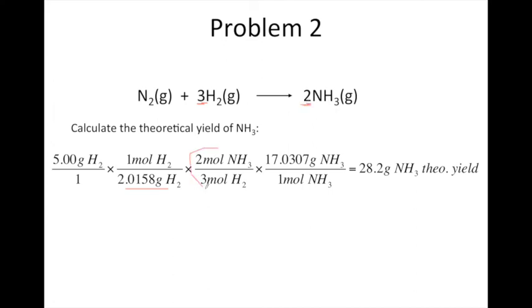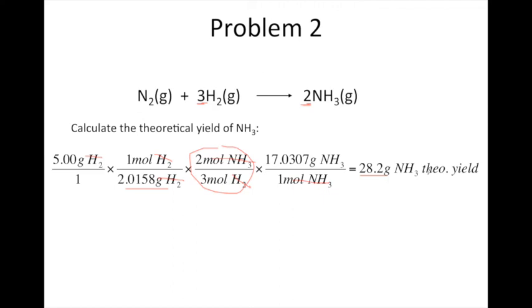So that gives us a ratio that allows us to convert moles of hydrogen to moles of ammonia. Our moles of hydrogen cancel, and our grams of hydrogen over here also cancel. Then we can convert moles of ammonia into grams of ammonia using the molar mass of ammonia. And so we end up with 28.2 grams of ammonia.